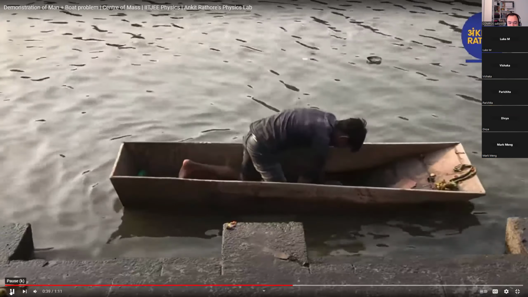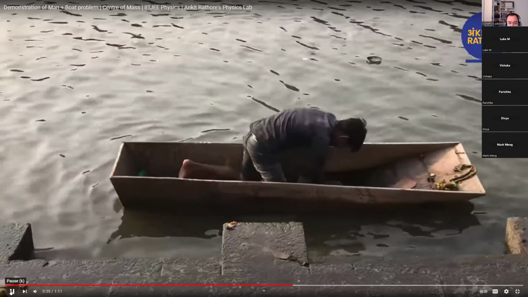Okay, so what happened? Yeah, he's not where he was. He has moved slightly. He has moved about the length of this distance, right? So the center of the man is somewhere here.